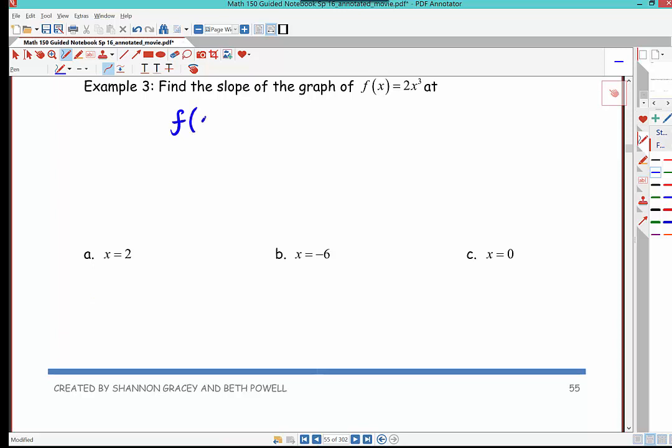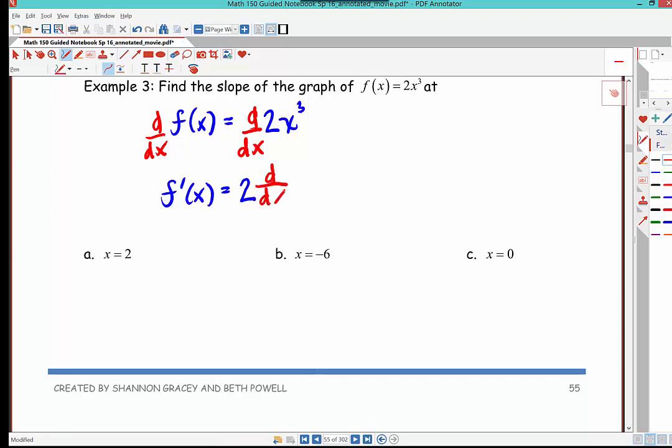So if we rewrite f of x is equal to 2x to the third, differentiate both sides with respect to x, then we'll have f prime of x equals, using our constant multiple rule, do you see this is 2 times the derivative with respect to x of x cubed, okay?